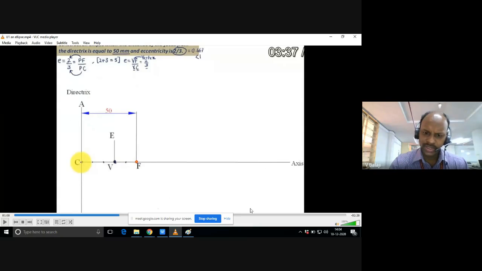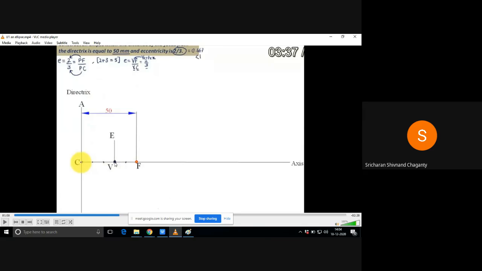Learn this particular procedure well. Don't neglect anything. VF is equal to VE. Do we have to measure VF with a scale and then draw VE, or use the drafter only?